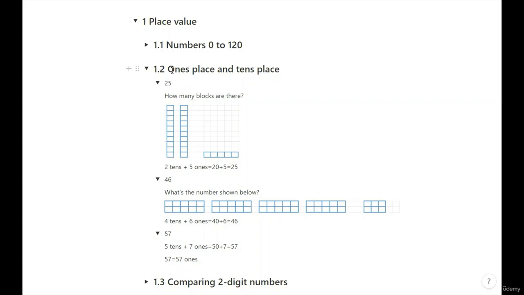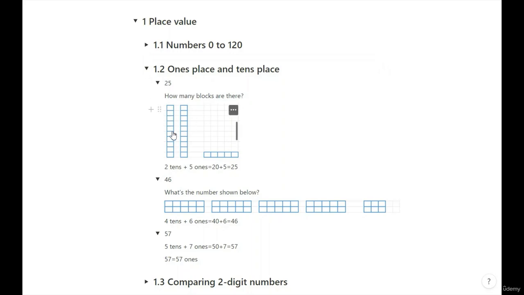1.2, ones place and tens place. Let's use some examples to show these places. So the first one is 25. So we can see how many blocks are there.